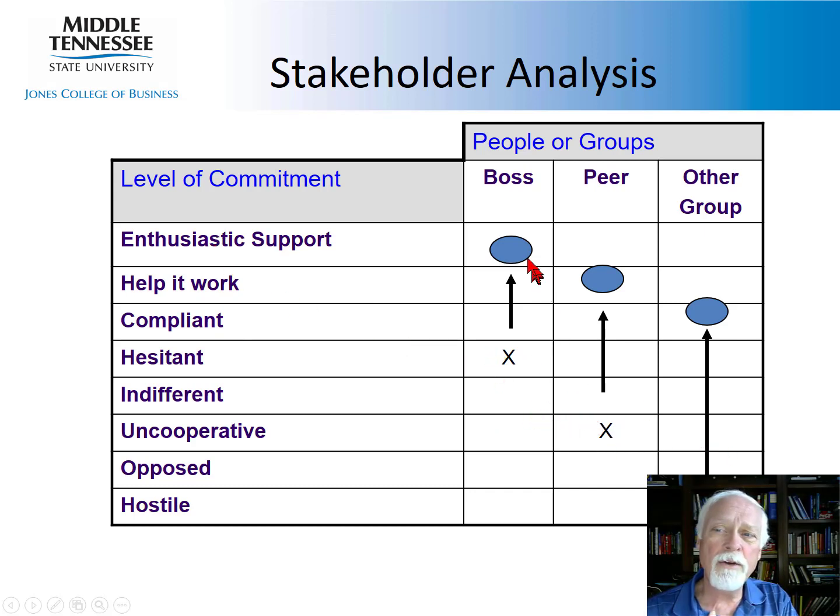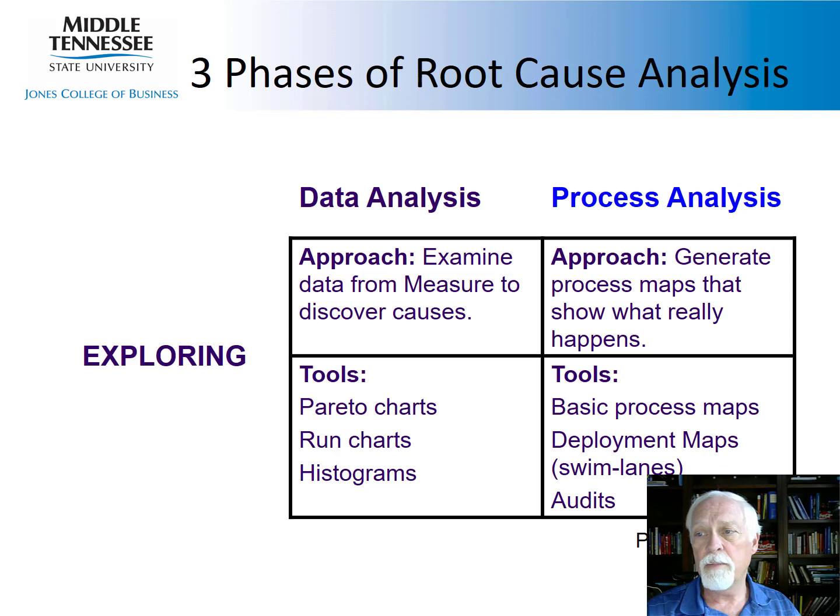And where do we need for them to be? Not everybody needs to be an enthusiastic supporter. Sometimes if people will just let us go, just won't argue with us, that would be a win. That would be a fantastic win. But we look at where they are and where they need to go, and that may guide the rest of the solution for the project.